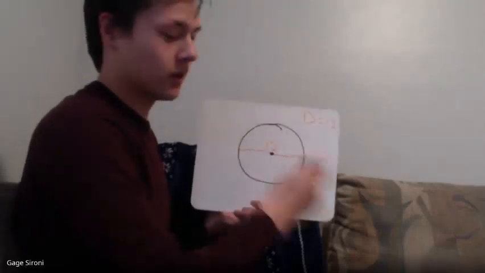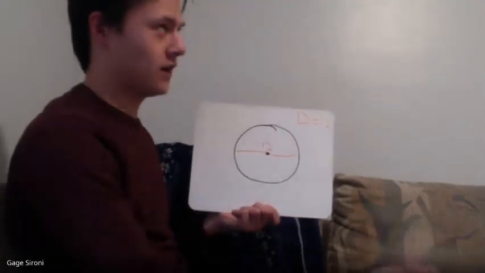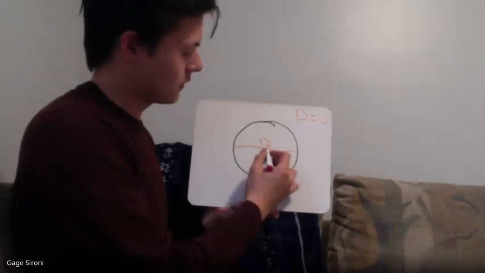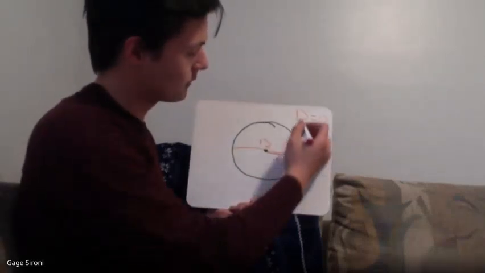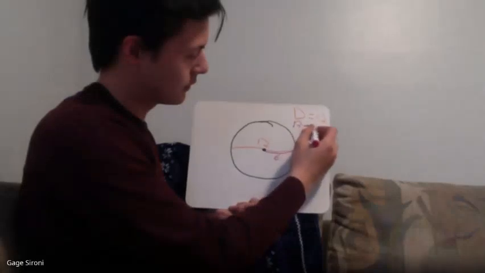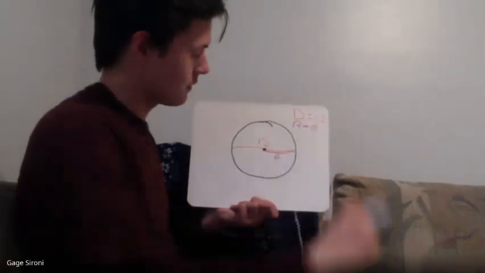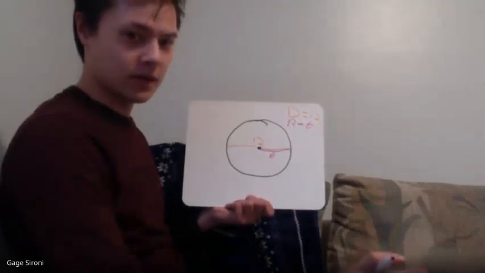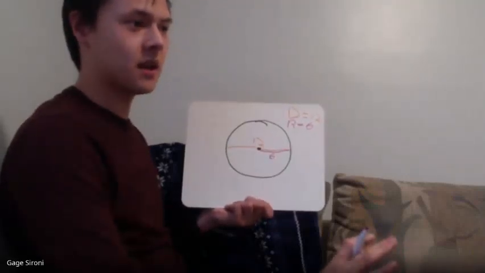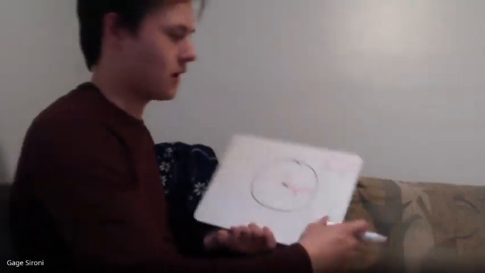If the diameter is 12, if the radius is half the diameter, then my radius going from the center out like this is going to be 6. All right. Right now, that's as far as we need to get with this stuff. We'll get into circumference and area on Friday. Now, let's go over a couple of practice problems before I cut you loose.